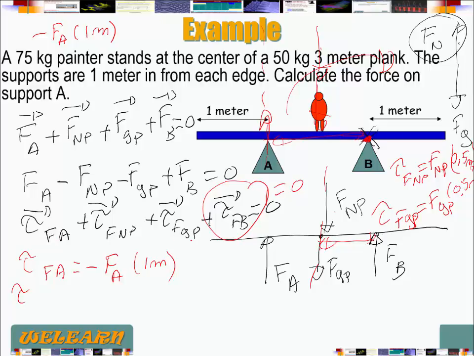Torque due to FNP, that's plus 75 kilograms times 10 newtons per kilogram, that's G, times 0.5 meters, plus 50 kilograms, that's the mass of the plank, times 10 newtons per kilogram, times 0.5 meters.